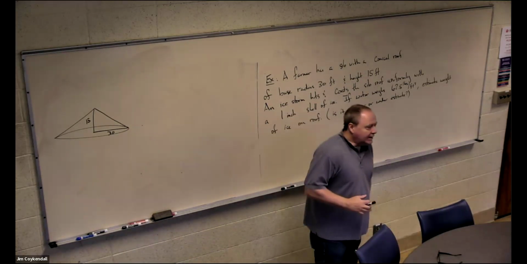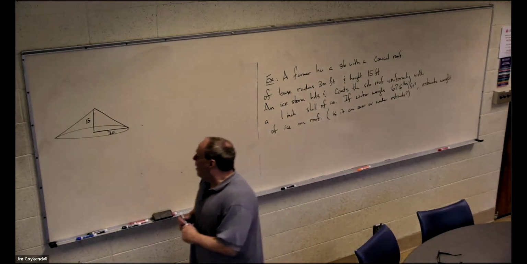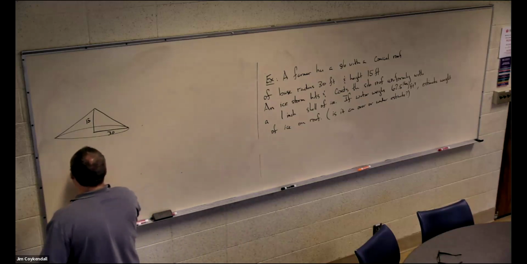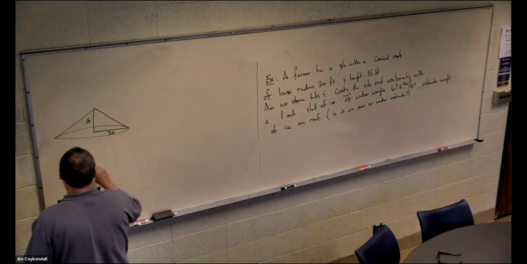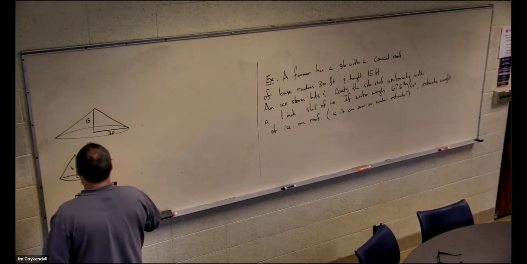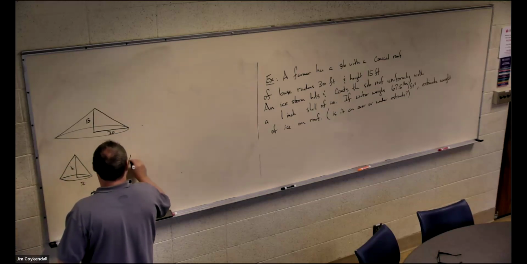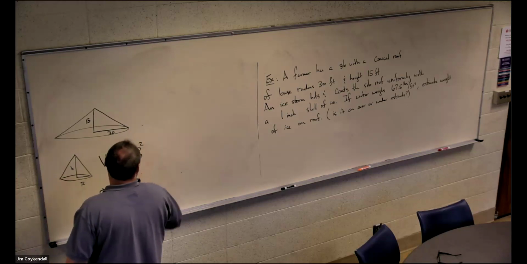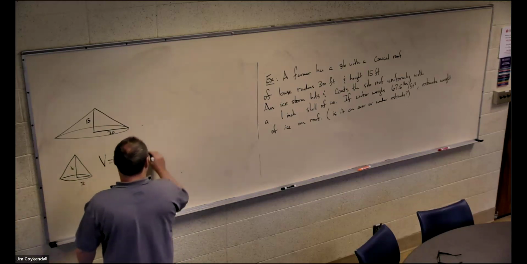Okay, first thing, let me remind you of this. The volume of a cone is 1/3 the base, which in this case is a circle, times the height.